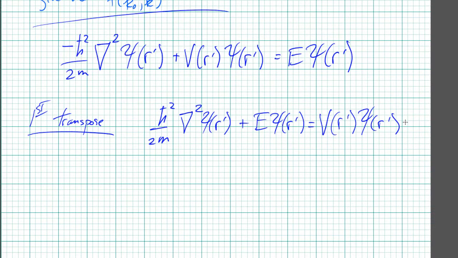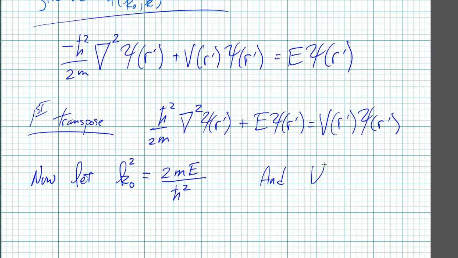Next, we're going to make a substitution. So now we're going to let k naught squared equal 2mE over h bar squared, and U of r prime equal 2m over h bar squared times V of r prime. Now, why are we doing this? We're doing this because we want to simplify this equation.